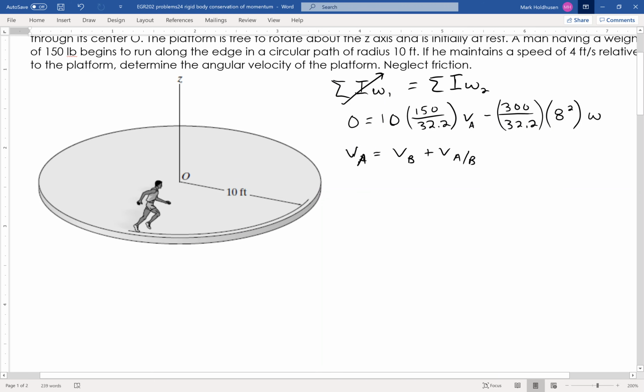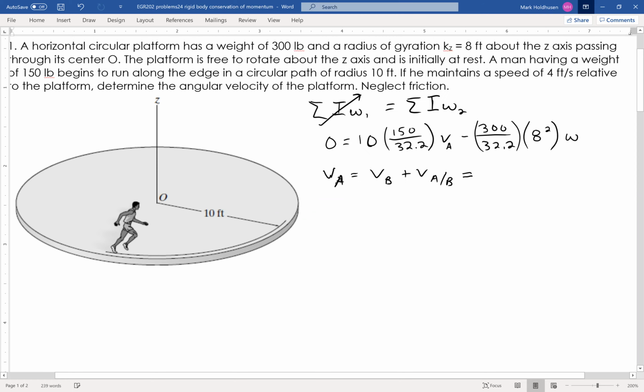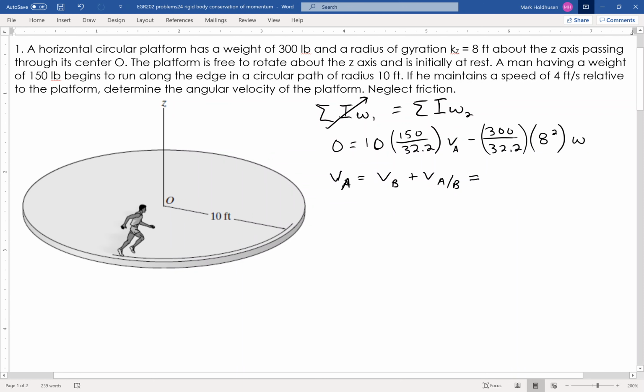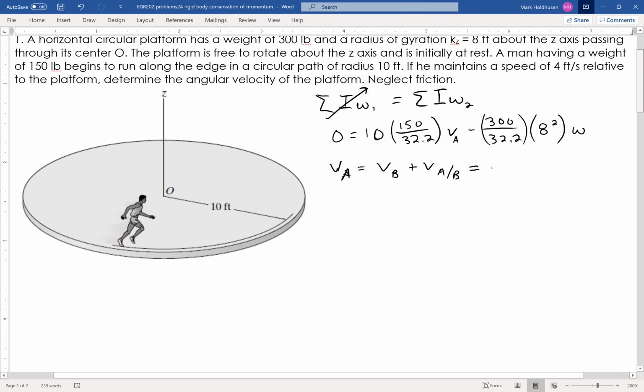So the velocity of the platform under his feet is whatever omega is times 10 feet away, right? And again, that's going to be moving in the negative direction as we have it defined here. And his velocity, the velocity of A relative to B, his velocity relative to the platform, is of course 4. So this is how we relate his velocity and the angular velocity of the platform through that relative motion equation there. Okay.